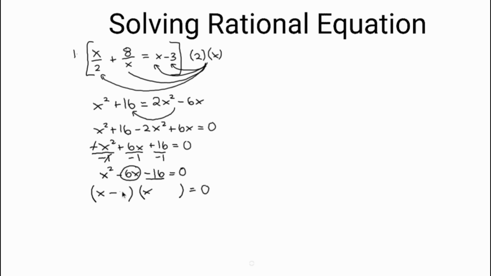So the possible factors of 16 are negative 8 and positive 2. Lastly, we will equate both factors to 0. So we have x minus 8 equals 0 and x plus 2 equals 0. As you can see, we have 2 values of x: x equals 8 and x equals negative 2.